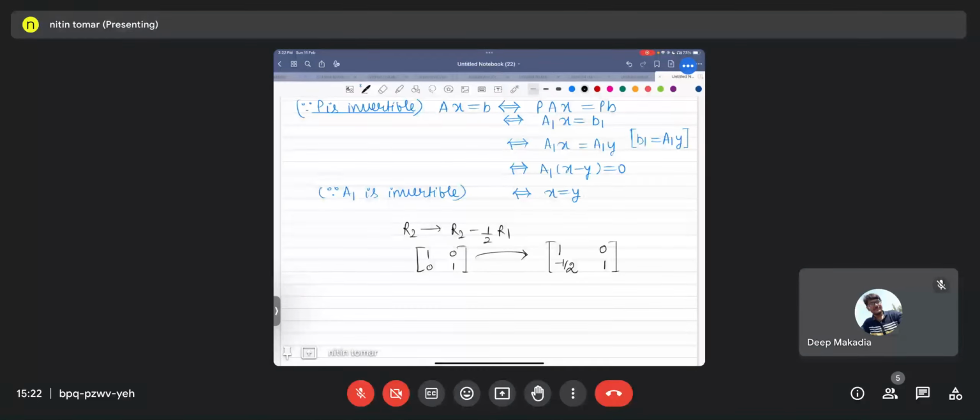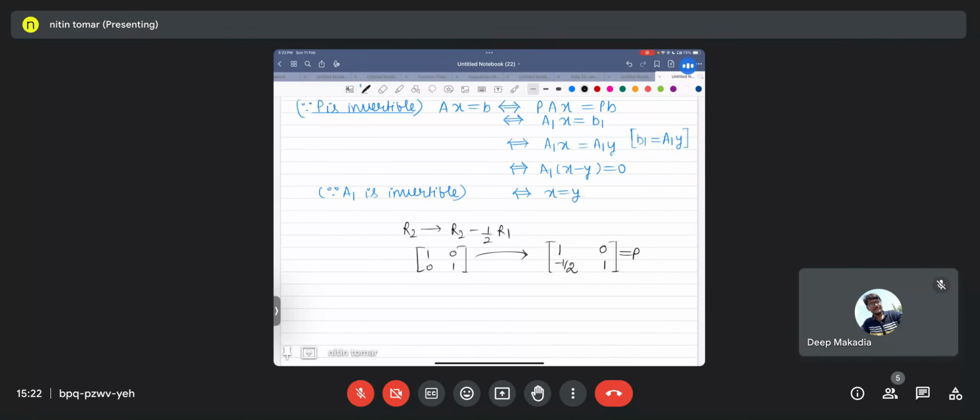Am I correct? Yes, sir. And this was your P. See, please note that whenever you are performing a row operation in the system, it is equivalent to pre-multiplying the system with an invertible matrix. Do you get my point? Yes, sir.